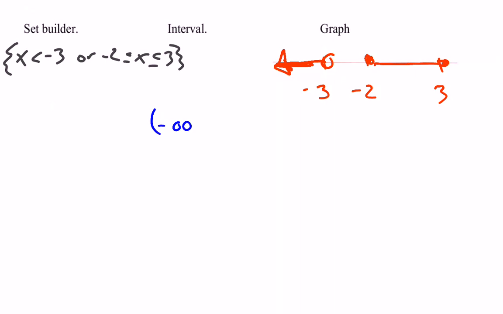Make sure you're using parentheses. I'm going up to -3. I cannot equal -3, so that's going to be a parentheses. Union. Both of my next endpoints are filled in, so I would do a straight bracket, -2, 3, and then another straight bracket.